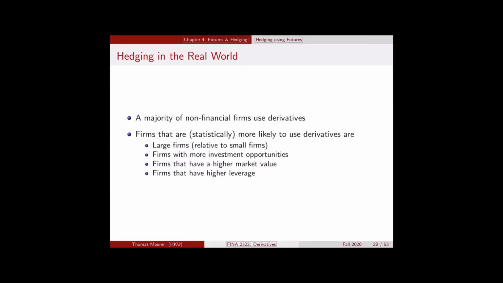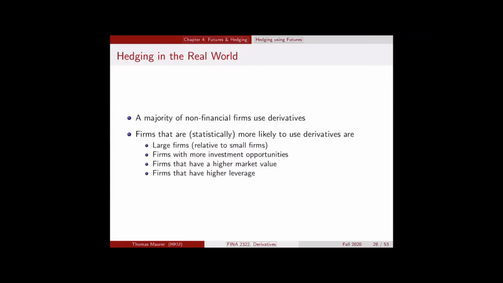In the data, we observe that not only financial, but also many non-financial firms use a lot of derivatives, and we see statistical correlations that large firms use more derivatives than small firms. Firms with more investment opportunities use more derivatives than firms with less investment opportunities. Firms with a higher market value use more derivatives than firms with lower market value, and firms with a higher leverage use more derivatives than firms with a lower leverage. Now, all of these statistical correlations don't really tell us anything about the causation.